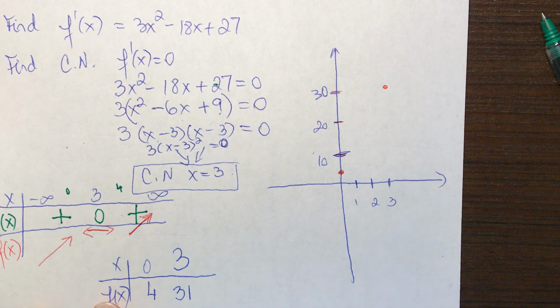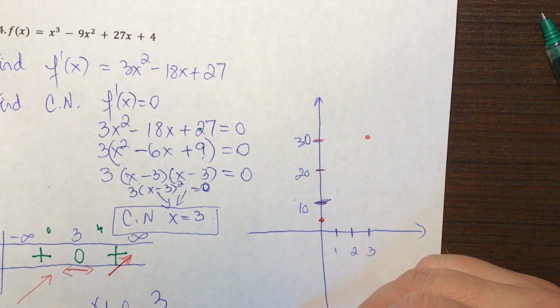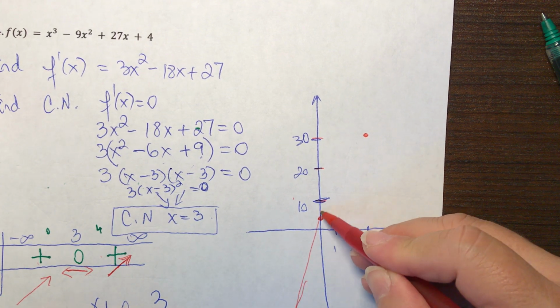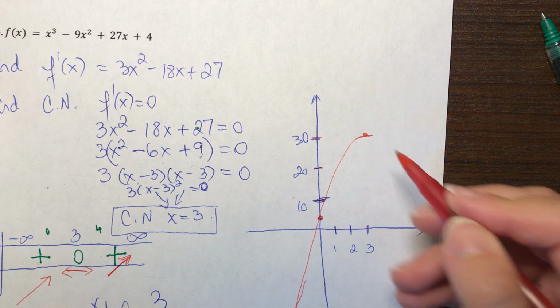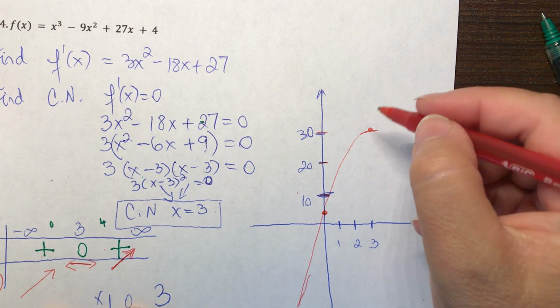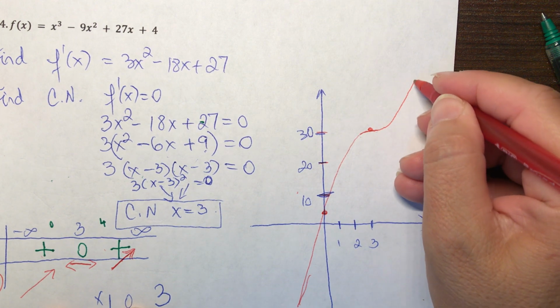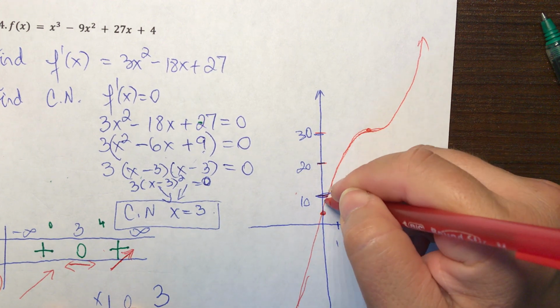So what do I know about this graph? I know it always goes up, yes? So I know the graph is coming up, up, up, up, up. What happens at 3? It evens out, yes, so it almost becomes horizontal, as if it wanted to turn back down, yes? However, it's not going to turn back down, but it's going to keep going up. So it does what a cubic function does.